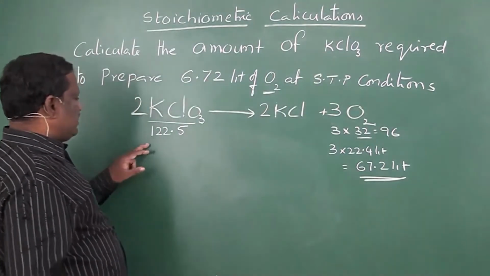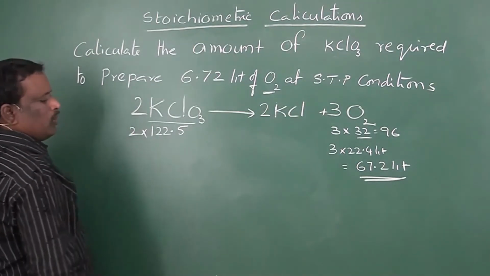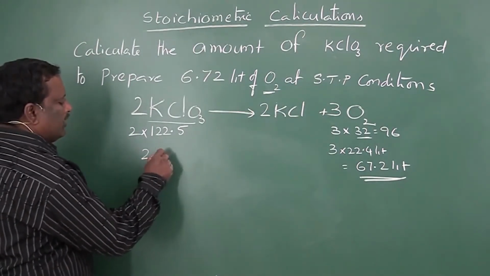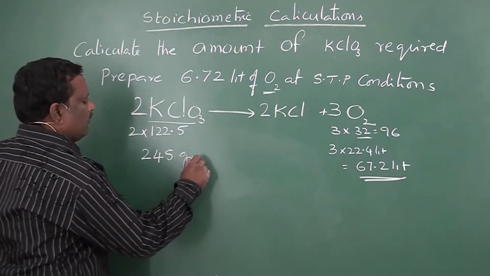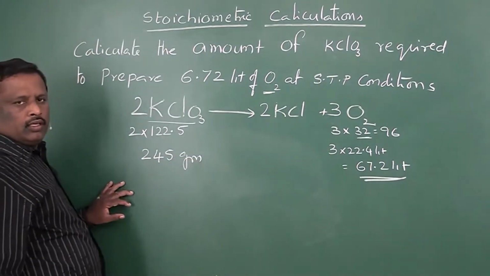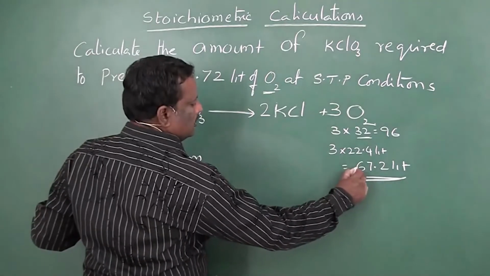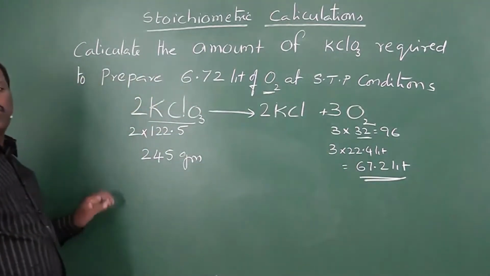Now here, according to this equation, 2 into 122.5, that is 245 grams of KClO3 can produce 67.2 liters of oxygen.